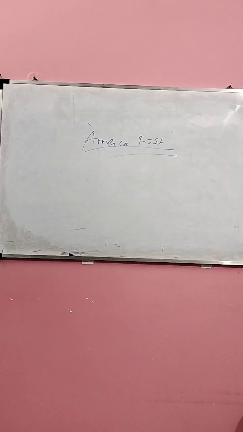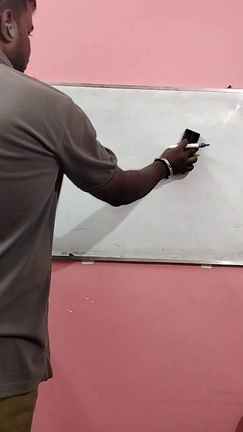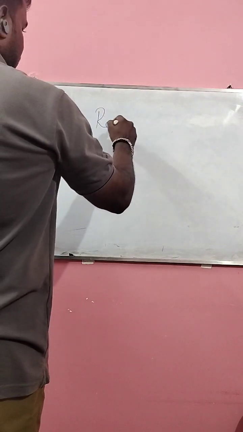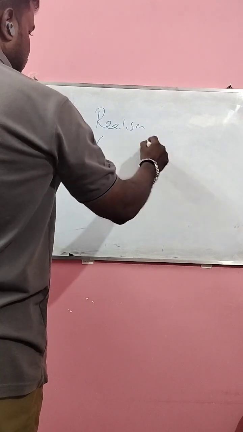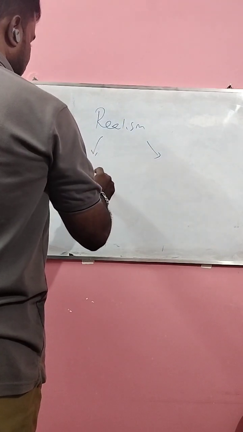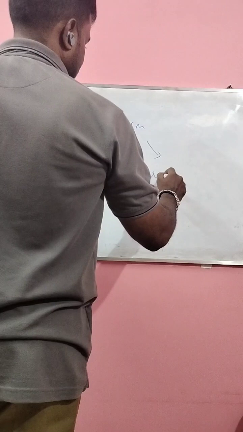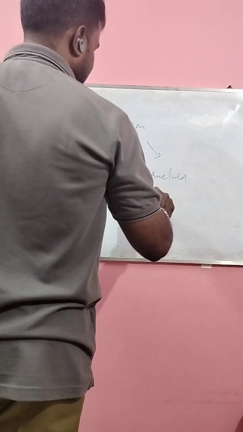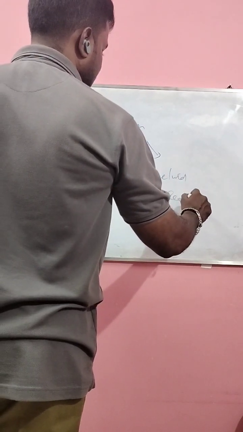Within realism, the two schools are classical realism and structural realism. Structural realism is also called neo-realism.